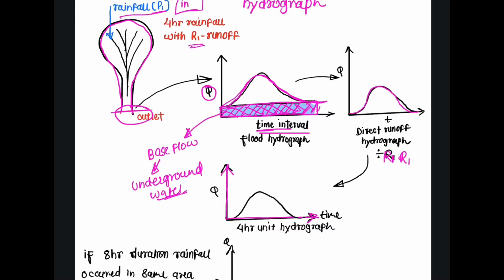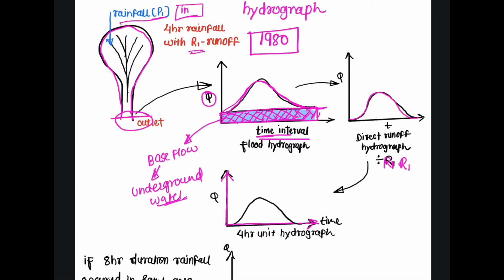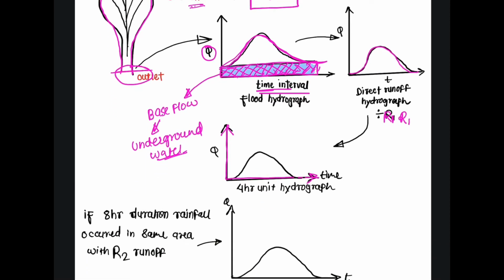This rainfall of P1 intensity happened in this area in 1980, and we have measured all this data, plotted the flood hydrograph, converted it into direct runoff hydrograph, then 4-hour unit hydrograph. Now we have this.